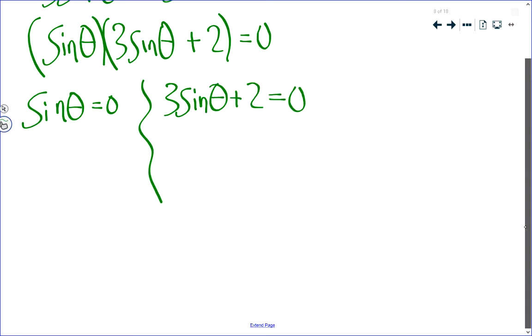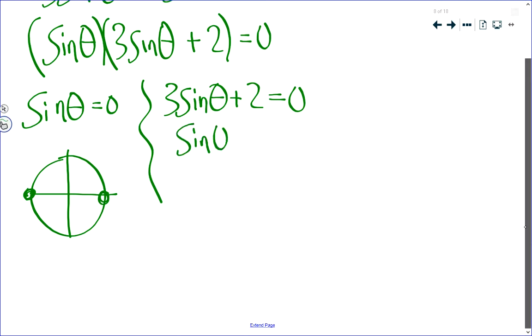For the first equation, sine of theta equals 0, we can use the concept of the unit circle. Sine of theta is the y-coordinate, so these are the 2 locations. For the second equation, we cannot rely on the unit circle because we don't know where on the unit circle the y-coordinate is negative 2/3.